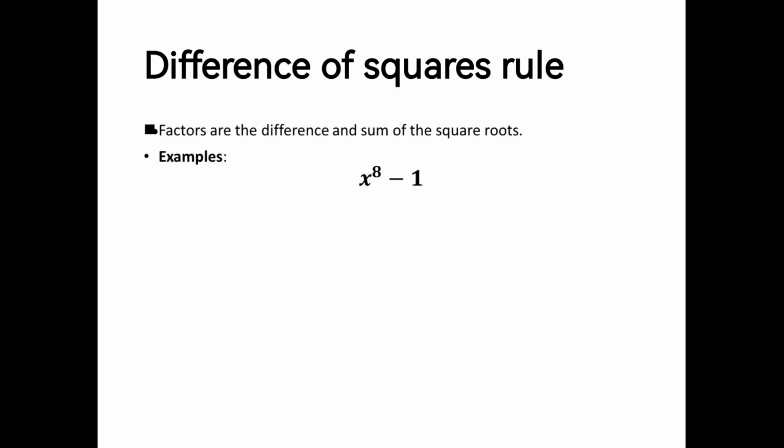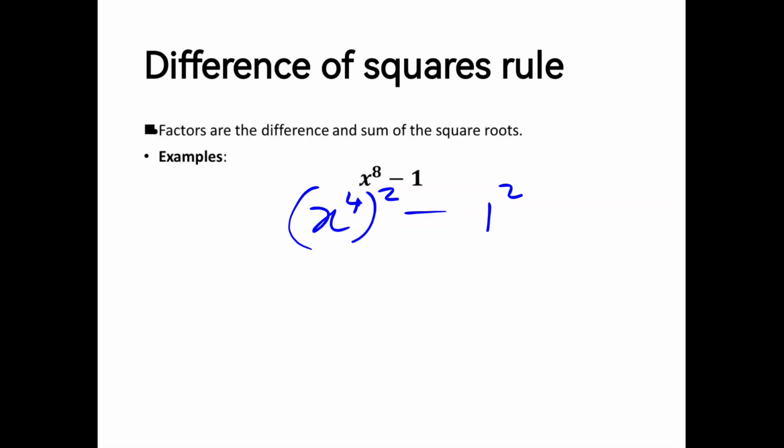Next up, we discuss the difference of squares. Now, the factors of this one are the sum and the difference of the square roots. For example, if you look at x to the power 8 minus 1, this is definitely a square because it is a square of x to the power 4 squared minus 1 squared.